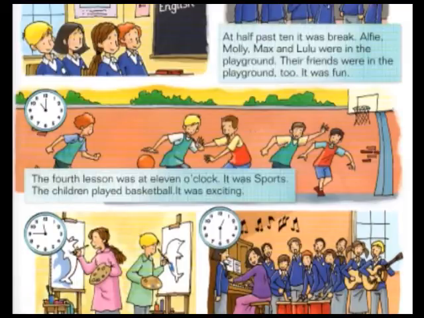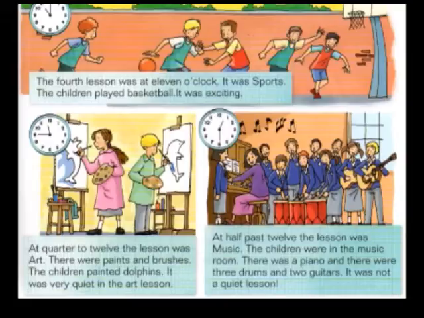It was exciting. At 11:45, the lesson was art. There were paints and brushes. The children painted dolphins. It was very quiet in the art lesson. At 12:30, the lesson was music. The children were in the music room. There was a piano, and there were 3 drums and 2 guitars. It was not a quiet lesson.